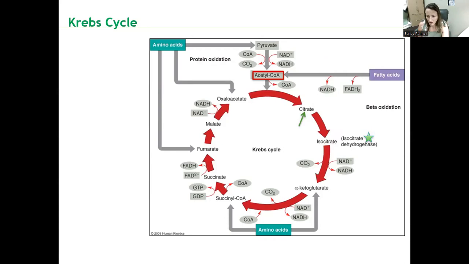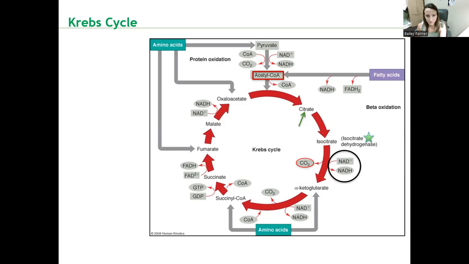All right, so after isocitrate, isocitrate is going to be oxidized, producing a 5-carbon alpha-ketoglutarate. During this process, it loses a carbon group, which turns into carbon dioxide, and 2 electrons are lost here, which reduces our NAD to NADH. So we've made 1 NADH here.